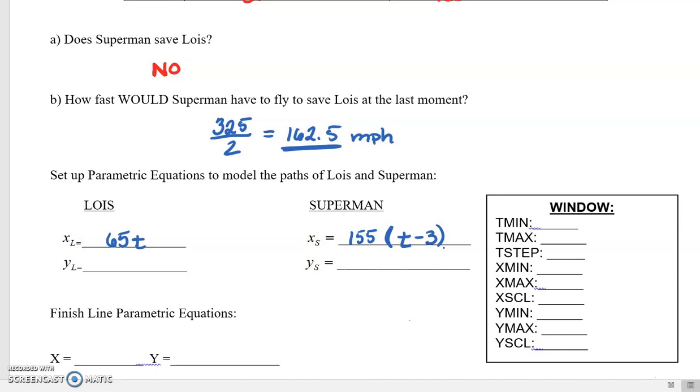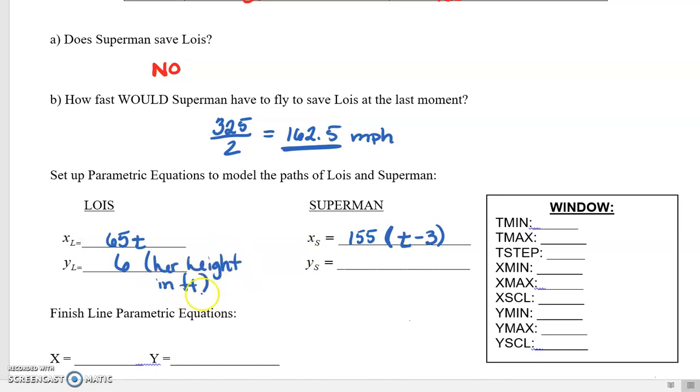Now, since we're thinking about this as horizontal motion, I'm doing a simulator. So though the vertical distance doesn't matter, I really want to have the opportunity to see this on my graphing calculator. So my goal is to pick different y values for Lois and Superman. So I'll say, well, Lois was a pretty tall woman, so we're going to say 6 is her height in feet.